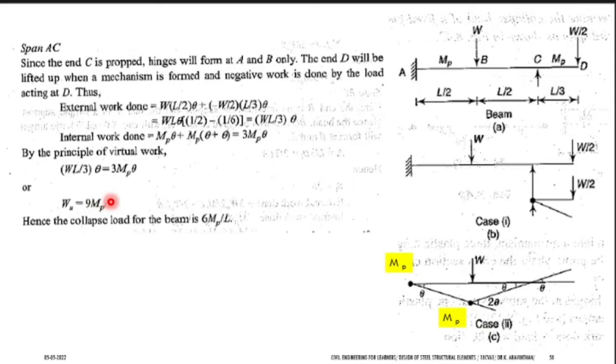So it will get cancelled. Your collapse load will be 9 kilonewton for the span A and C. What about the span C and D? What was your answer? 6. So here 6 and 9 will be your answer. At which load first collapse will occur? 6. When you keep on adding the load, 1 kilonewton, 2 kilonewton like that, at 6 kilonewton which will break first? The span C and D will break first, then your second span will break.